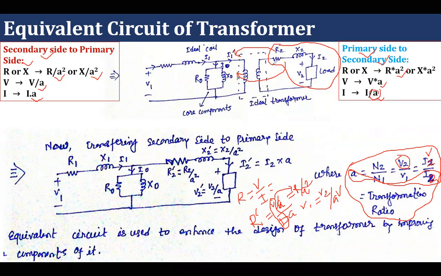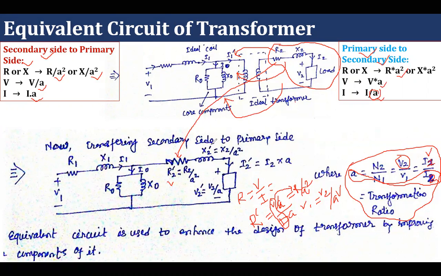And that's why this R2 is represented over here by R2 dash. And what is the value of R2 dash? R2 upon A square, because we are transferring the secondary side component to the primary side.